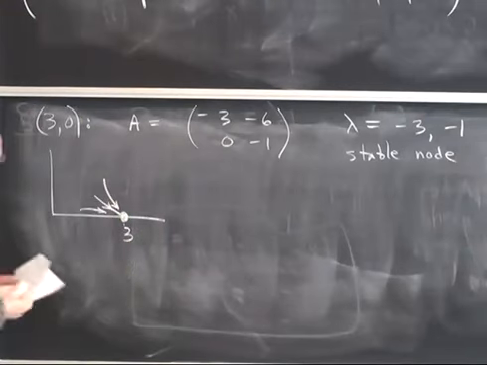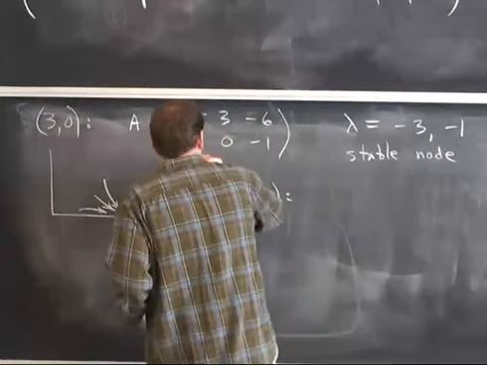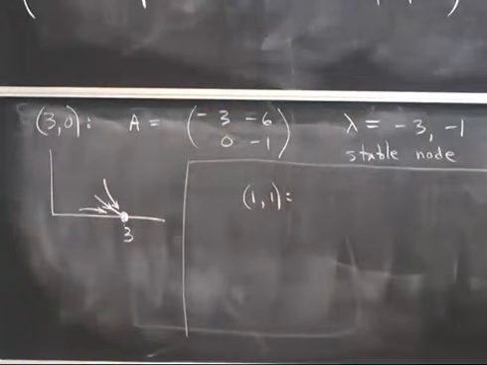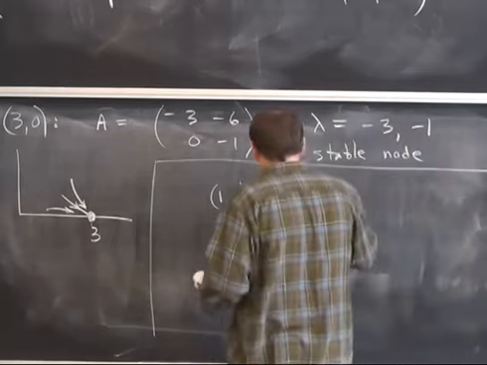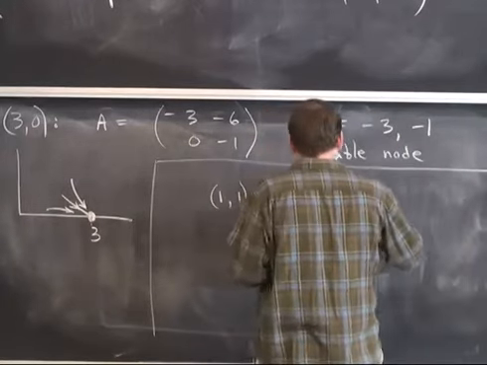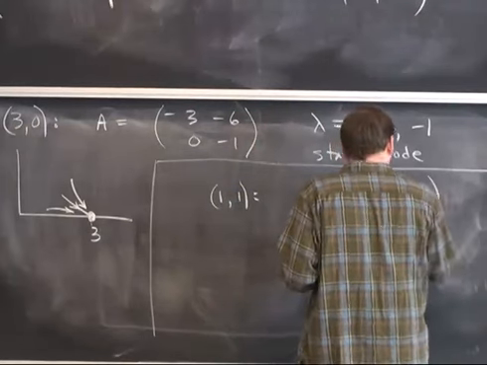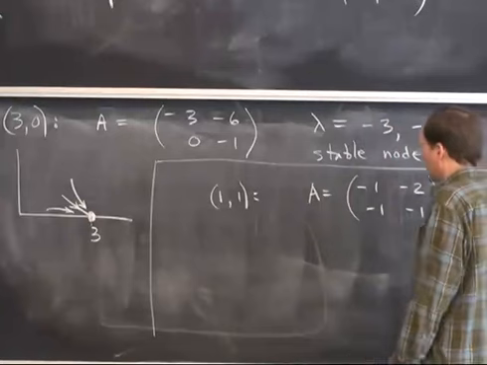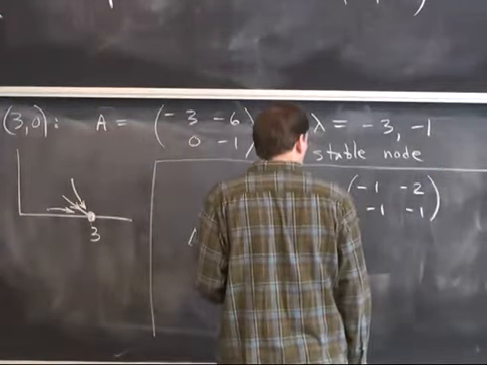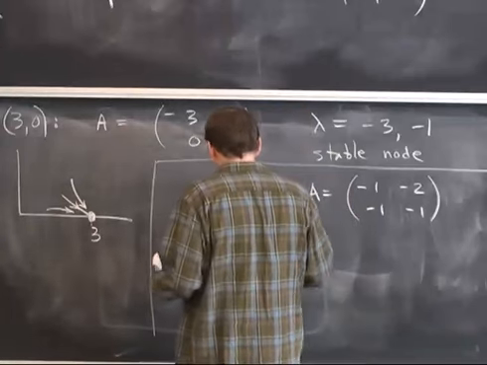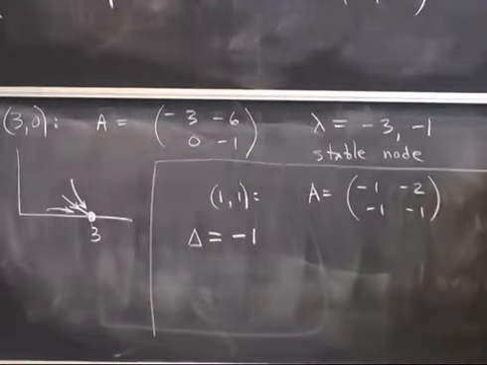And then the final point is 1, 1, which there we don't actually get a diagonal or a triangular matrix, so we have to do a little bit of work. Here the A comes out to be -1, -2, -1, -1. And if you check the determinant of that, you'll get 1 minus 2, which is -1. And as soon as you see a negative determinant, you know it's a saddle point.